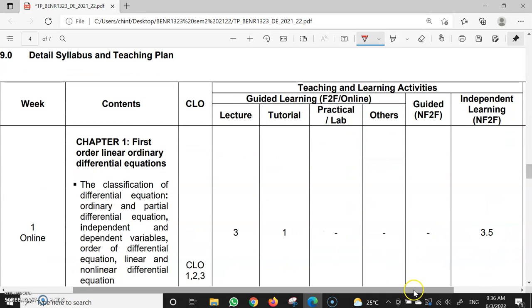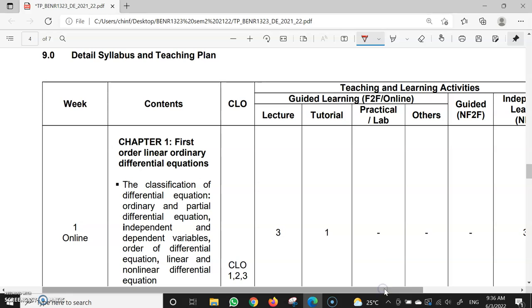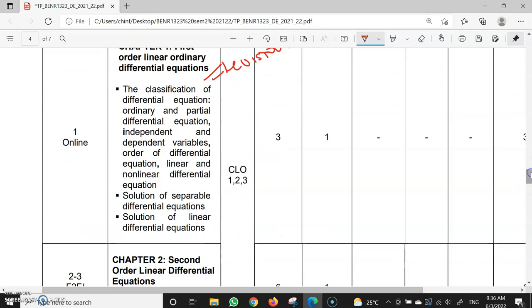Now let's look at what we're going to cover. Week 1, we have a quick revision of first order linear differential equations, which covers the basic concept of the ODE, and then solving the ODE.